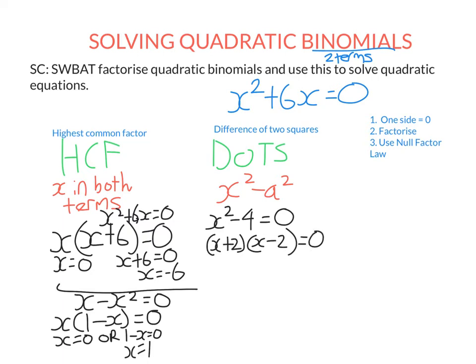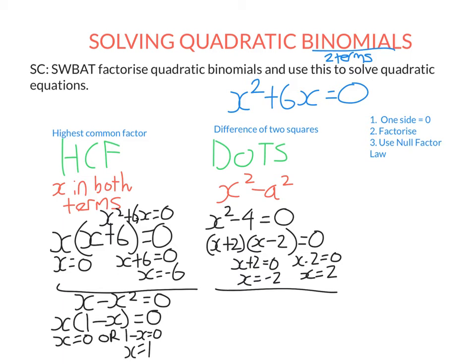So using the null factor law, if the first thing equals 0, that means x plus 2 equals 0, then x equals minus 2. Or the second thing equals 0, so we have x minus 2 equals 0, and x equals positive 2. So the two solutions to this equation here are positive 2 and minus 2.